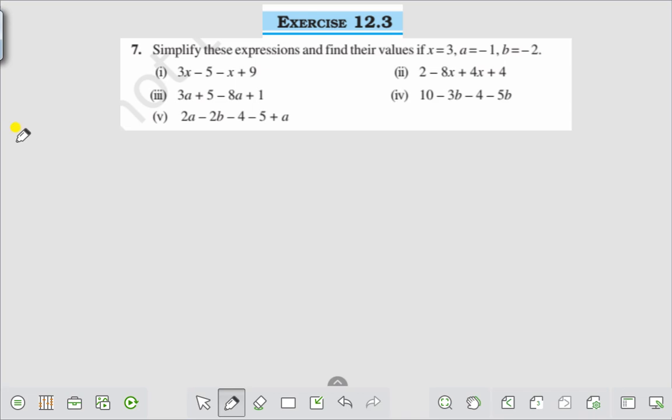The first one is question number 1. You see here the value of x is equal to 3, a equal to minus 1, b is equal to minus 2.